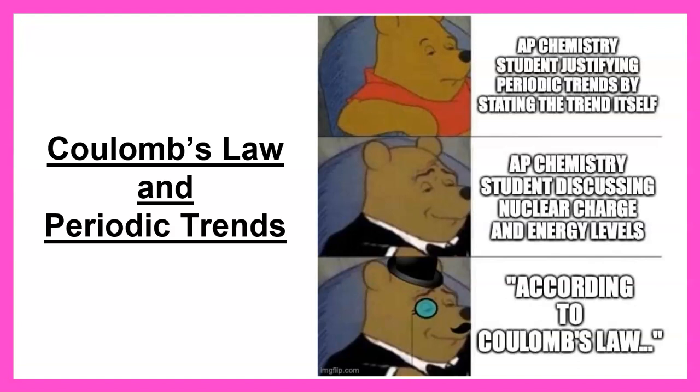We've tried teaching Coulomb's law officially in the periodic trend chapter, and to be honest, I've never felt that it went very well. I think it's better to teach the periodic trends in a bit more simple way, a bit more conceptual, then get to bonding energy, introduce Coulomb's law, and then say, guess what? Now you can use that to talk about your periodic trends.